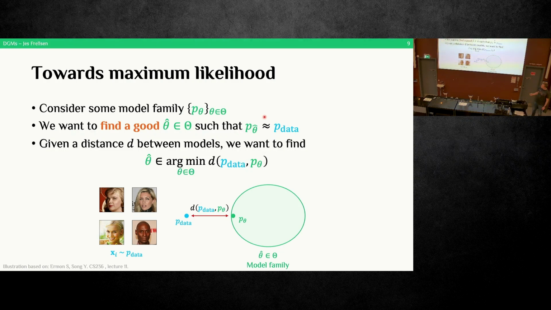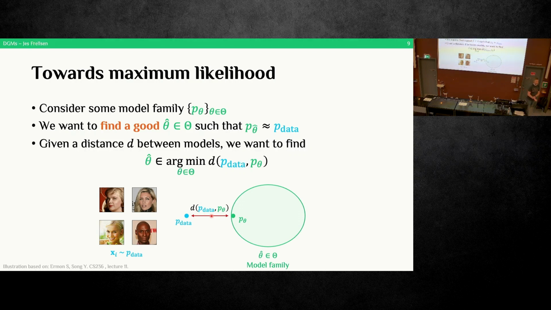We can think of this model family as all the different models we can specify with our set of parameters, and we want to find the model closest to the data generating distribution. So we want to minimize the distance, in some abstract sense, between the data generating distribution and our model family.